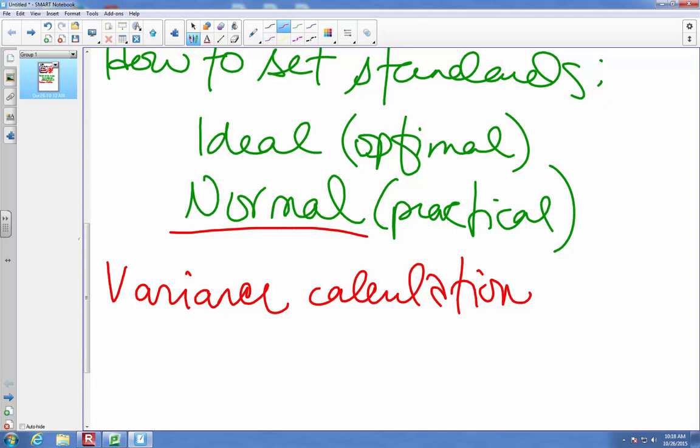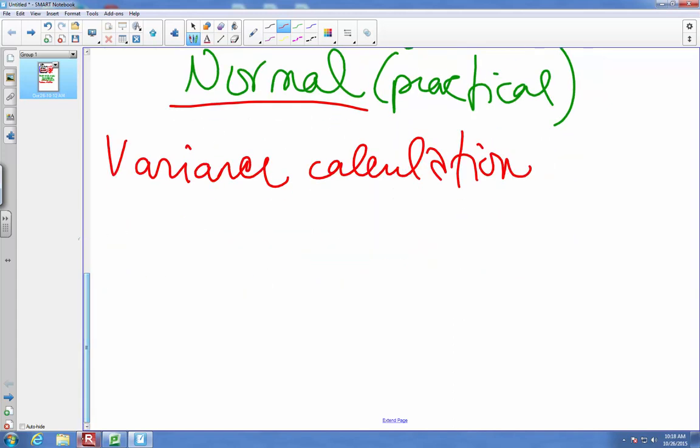So in standard costing, it's got a fancier term than materiality, but it really is the concept of materiality.